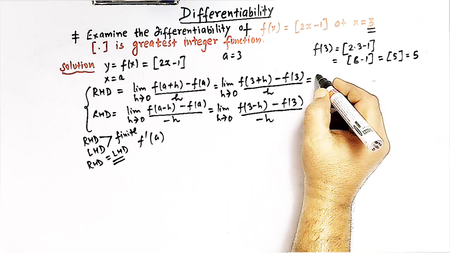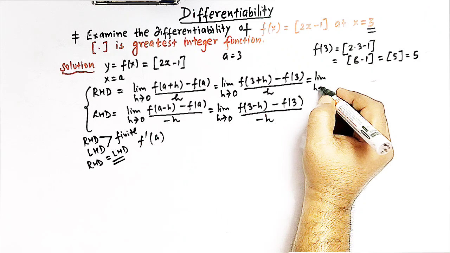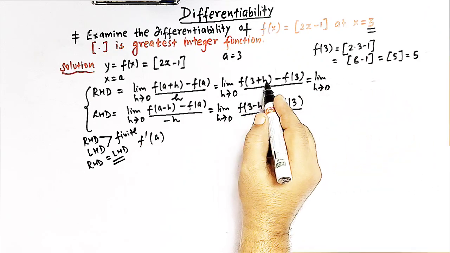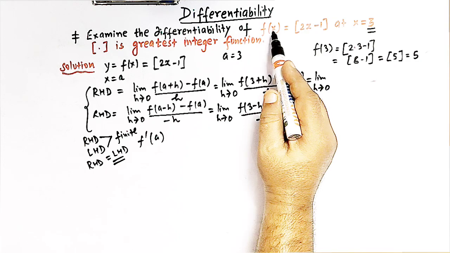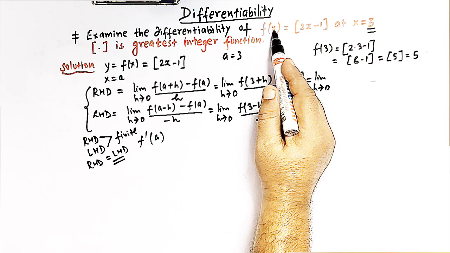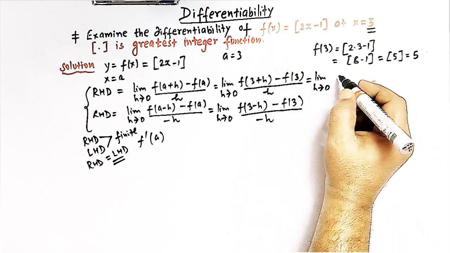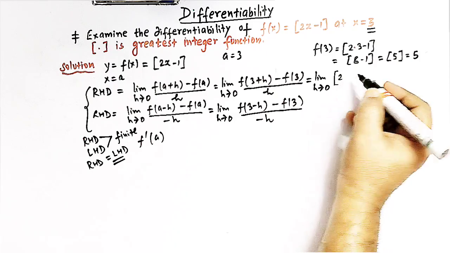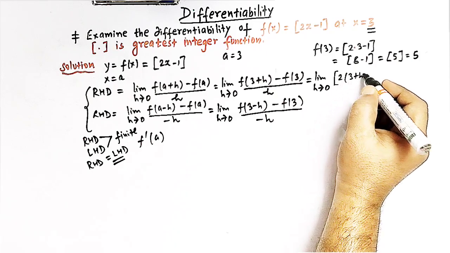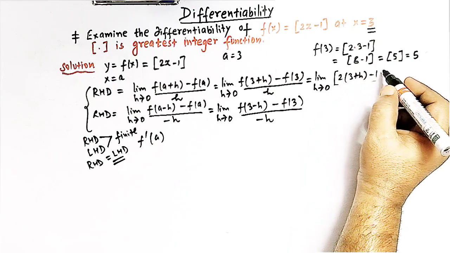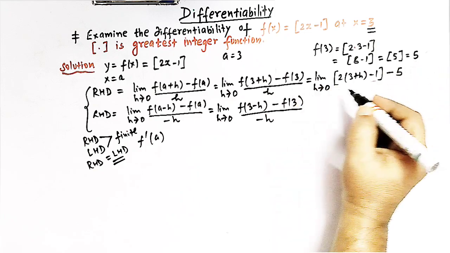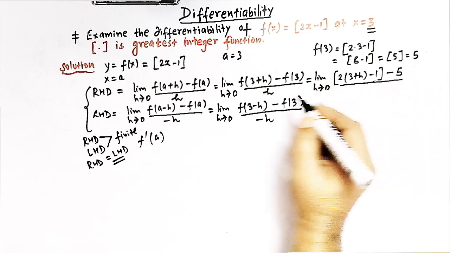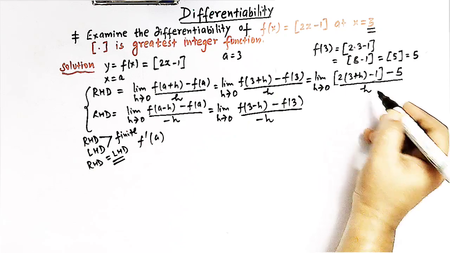So here we have now limit h tends to 0 of f of 3 plus h. f of 3 plus h can be obtained by replacing this x by 3 plus h. So we have greatest integer of 2 times 3 plus h, minus 1, and here we have f of 3 as 5, and in the denominator we have h.